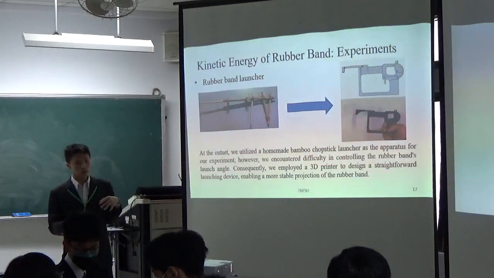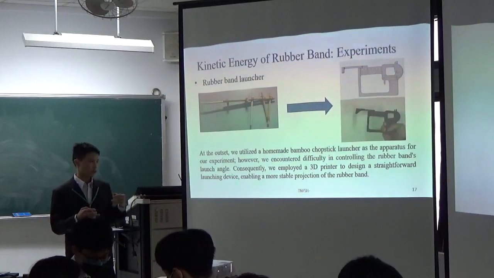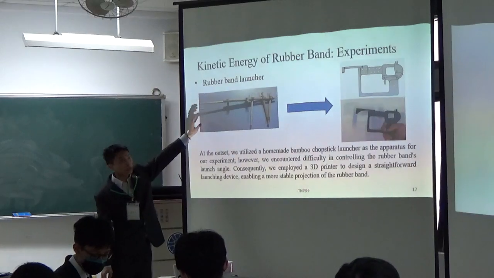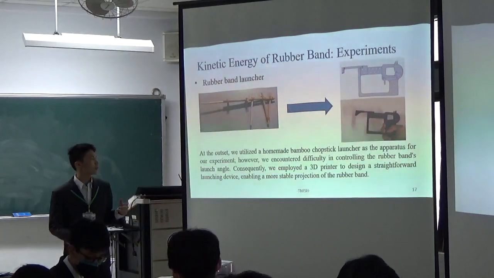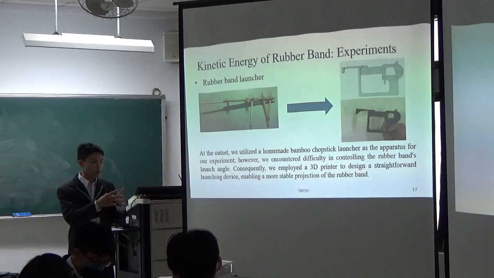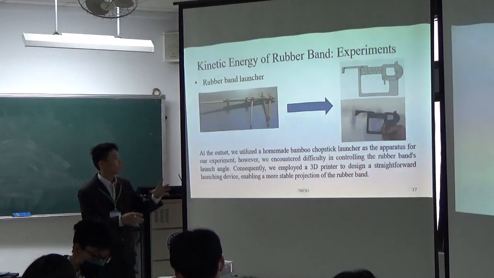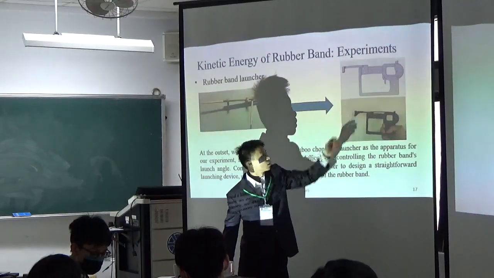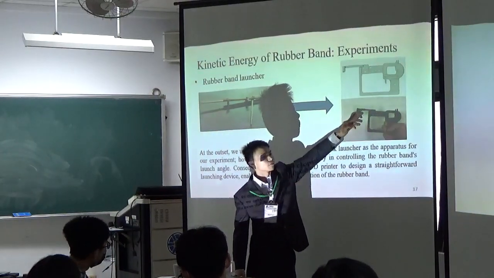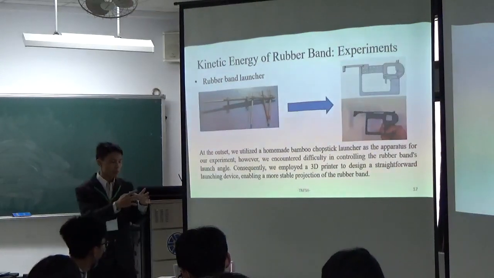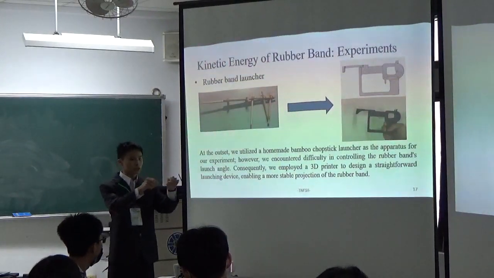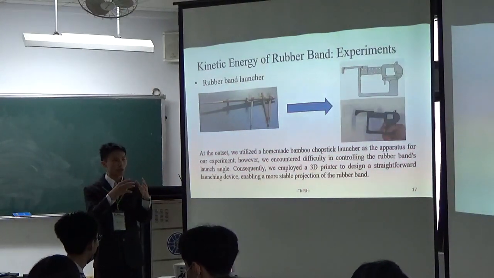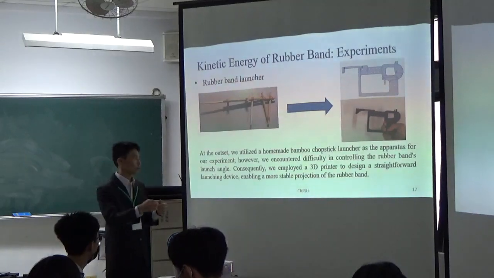At the very beginning of our experiment, we used chopsticks, but it's hard for us to set a uniform stretch. So we designed our rubber band gun like this, and we have sandpaper at the front of it. So after we stretch it, it won't unstretch before we shoot the rubber band.